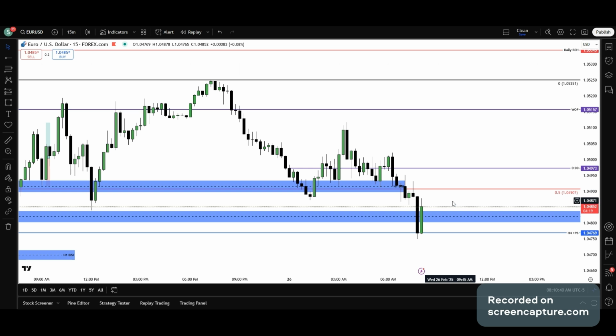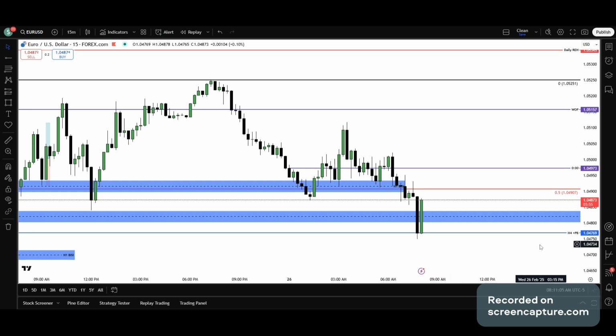Look for us to come back down into a 15-minute discount array, expand higher again, leave behind a fair value gap, bullish breaker, order block, and then take my entry. Preferably, most likely, it'd be off of this here, which I'm anticipating to be a mitigation block. So that's what I'm watching for euro dollar.